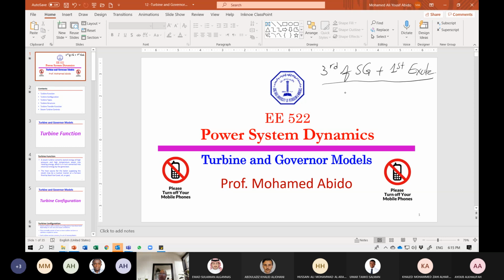So our model now is a fourth order model: three for the machine and one for the exciter. So our states now are omega dot, delta dot, EQ prime dot, and EFD dot. These are the states of the model that we will continue with, inshallah.